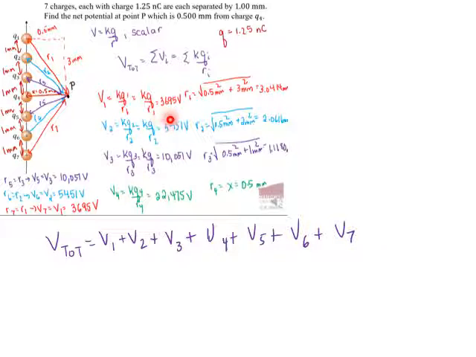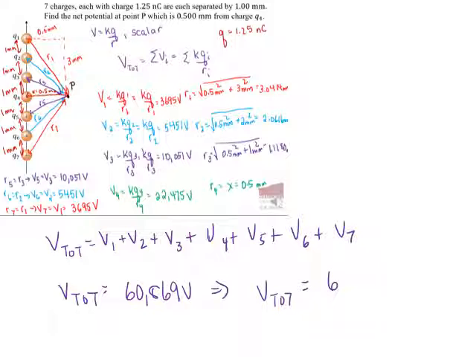So that's going to be 3695 plus 5451 plus 10,051 plus 22,475 plus 10,051 plus 5451 plus 3695 gives us a total electric potential of those 7 charges equal to 60,869 volts, and we might prefer to write that with 3 sig figs, 6.09 times 10 to the 4 volts. So there's the net electric potential due to this system of 7 charges at point P, which is just across from charge Q4.